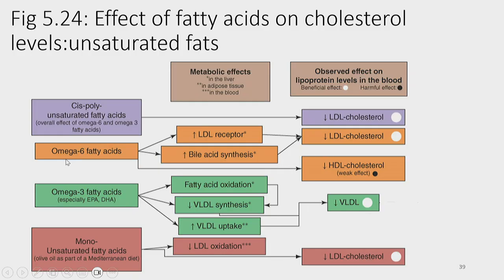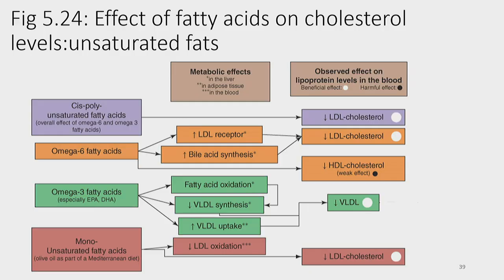The other type of fatty acid is the omega-3 fatty acids. The omega-3 fatty acids increase the fatty acid oxidation, meaning they break down fatty acids for energy in the liver, so the liver doesn't have enough fat to produce VLDL. As I mentioned before, when we're not eating, the liver produces VLDL as a source of fat as energy in our body.